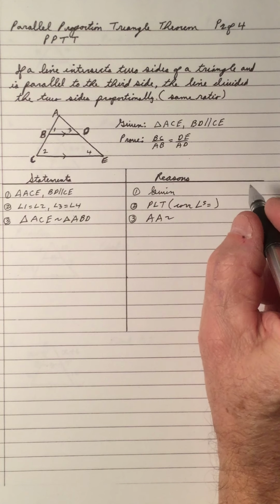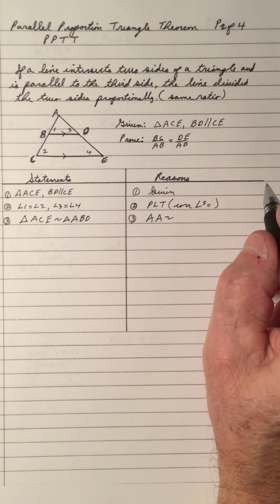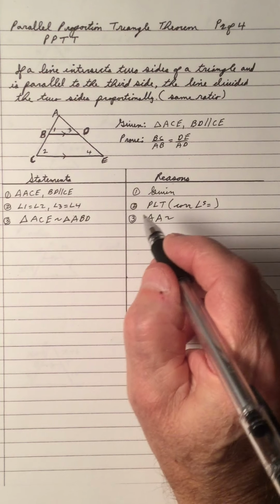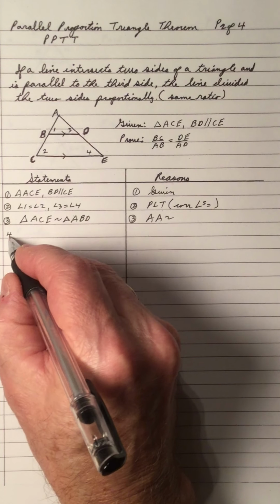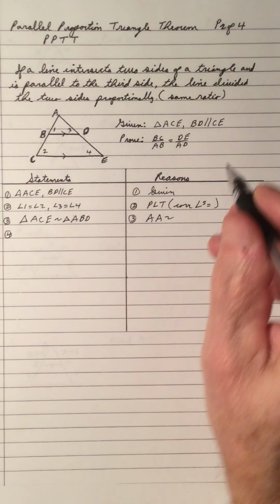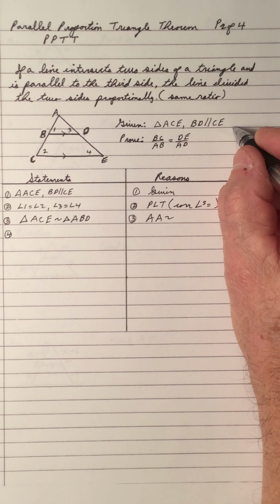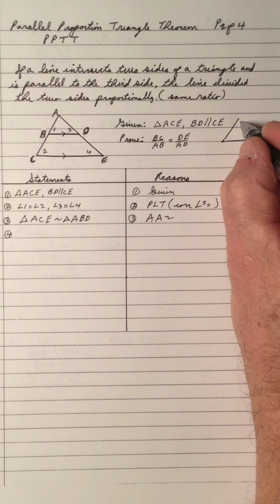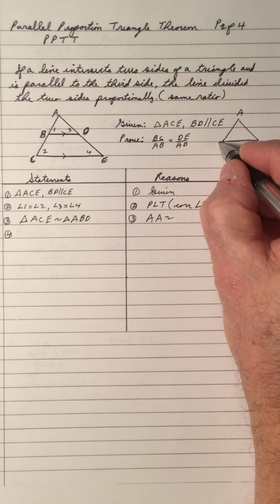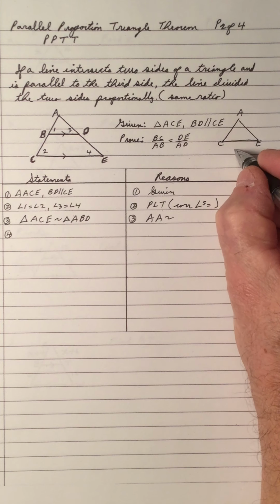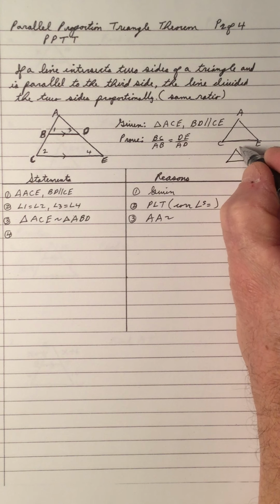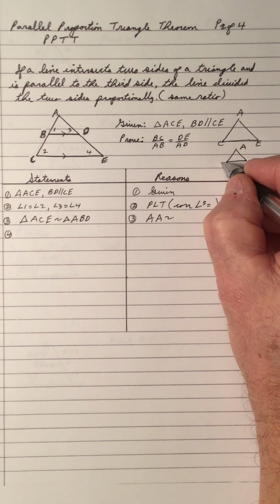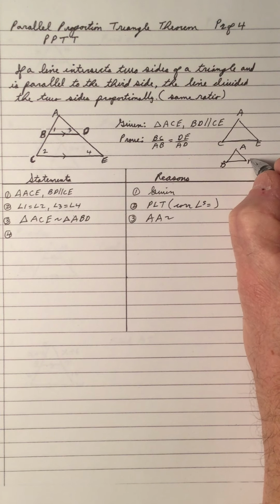If we have two angles of one triangle congruent to two angles of another, then the triangles are similar. Now if I draw them over here, we have the big triangle, which is ACE, and the small triangle, which is ABD.